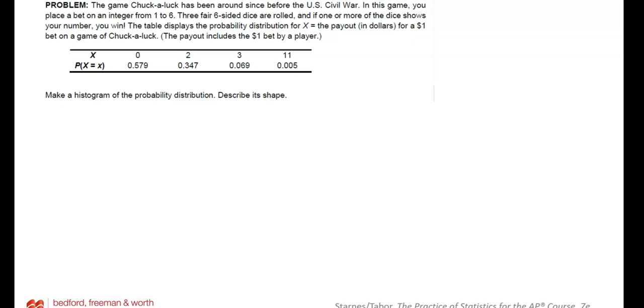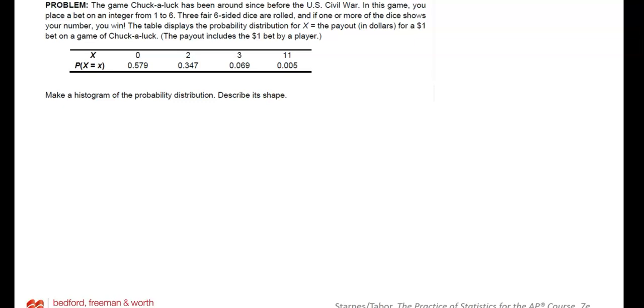So my guess is there's a 57.9% chance that your number doesn't show up. There's a 34.7% chance that one of your 3 is the number you picked. There's a 6.9% chance that 2 are the same as the number you picked. And every once in a while, about 0.5% of the time, you get all 3.